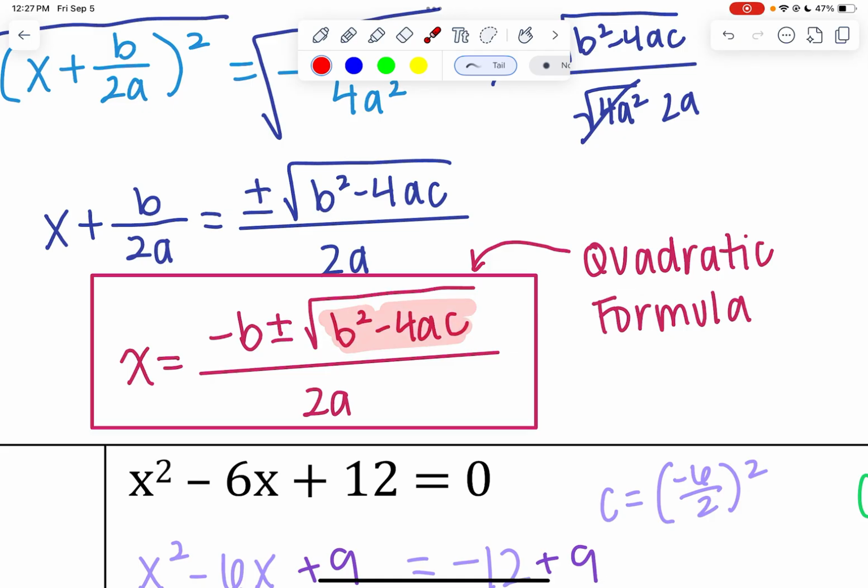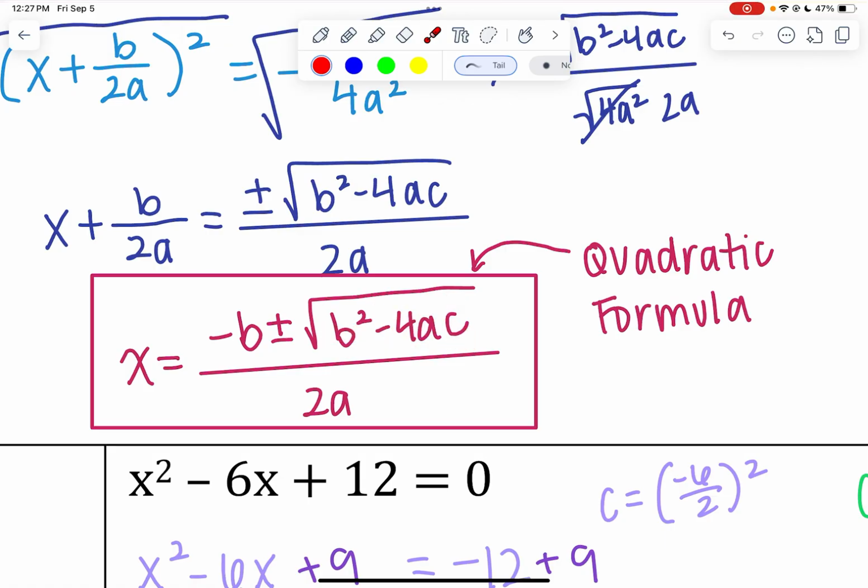If this is a positive number, then you're going to have your plus or minus, and you're going to have 2 real solutions. If I ask you the square root of 64, that's 8. That's plus or minus 8. There's your 2 real solutions, right? But if this were negative 64, you're not going to have 2 real solutions here. You would have your 2 imaginary solutions. You would have no real solutions. You would have 2 imaginary solutions, okay?